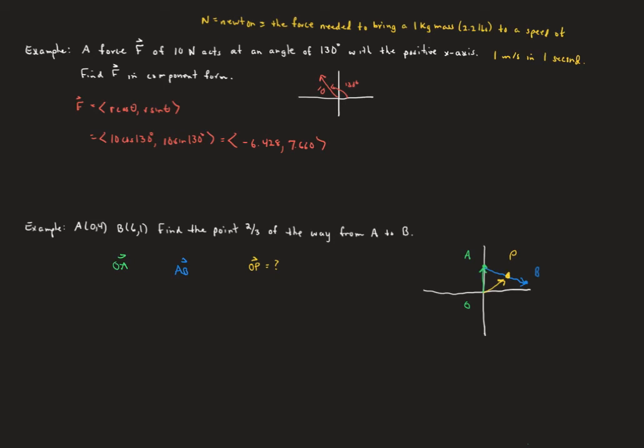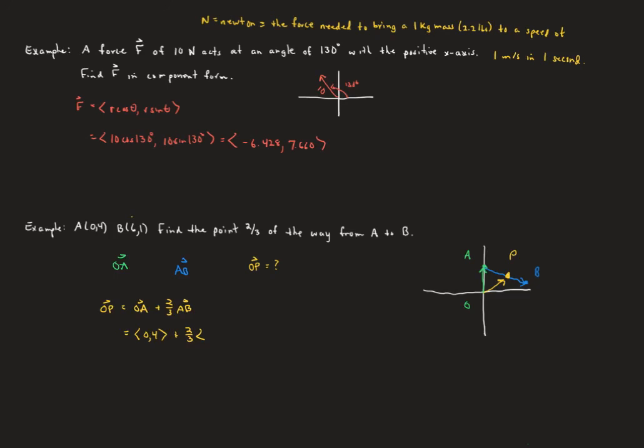Kind of crazy. So looking at that as a vector equation, what we're going to get is that OP is going to be OA plus 2/3 of our vector AB. And once we get to here, this is pretty manageable because vector OA is going to be just those components, (0, 4), of the point A. That's going from the origin out to A. And then we're going to take 2/3 of vector AB, and remember we're going tip minus tail.